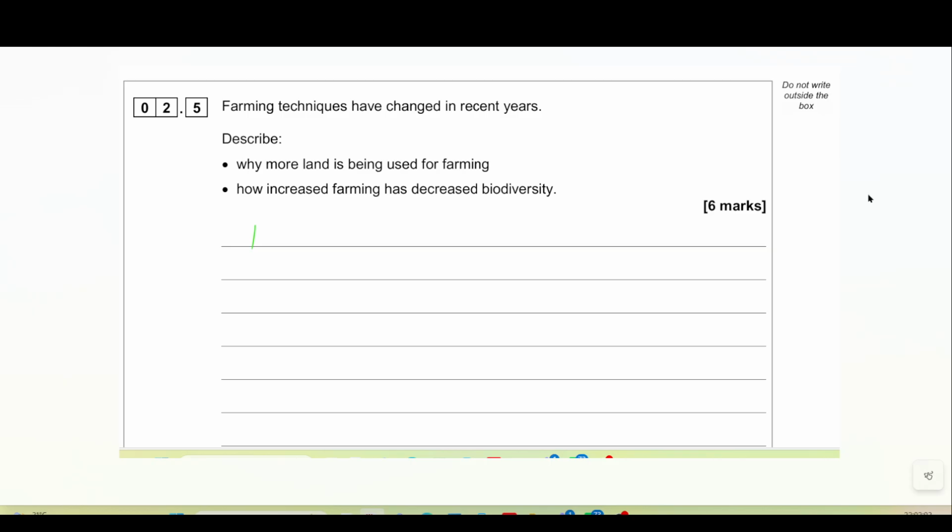This means deforestation, less habitats, and extinction, which reduces biodiversity in the area.